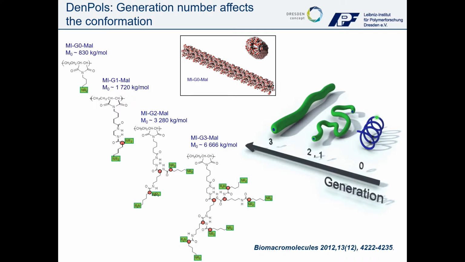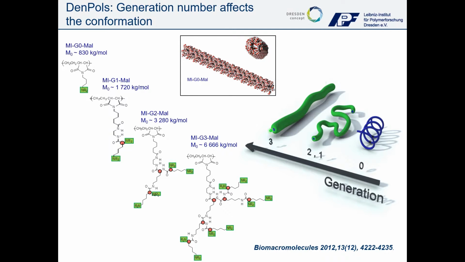In the 0th generation, we have a helical shape in which the density of the functional groups is very high, and these functional groups are exposed for further interactions. In the 1st and the 2nd generation, this helical structure is disturbed, leading to a coil-like structure in which the functional groups are not completely available for further interactions.